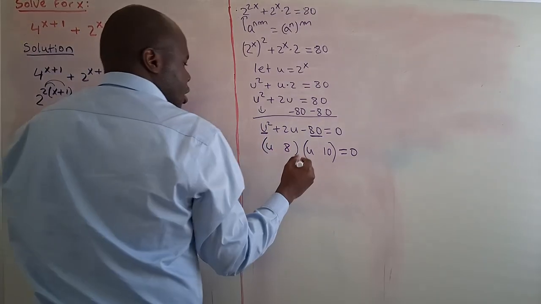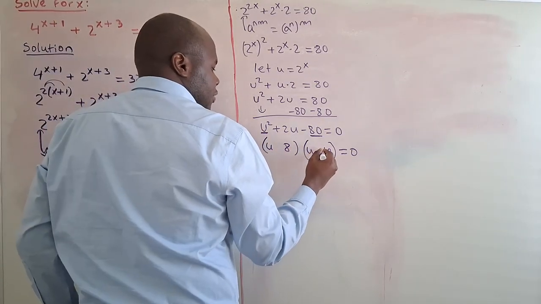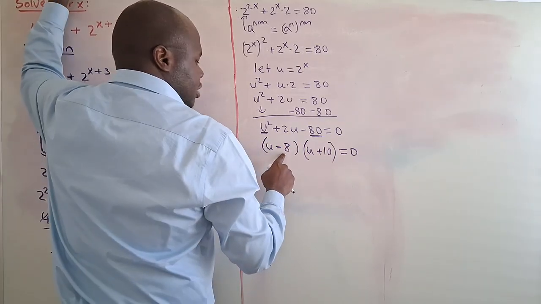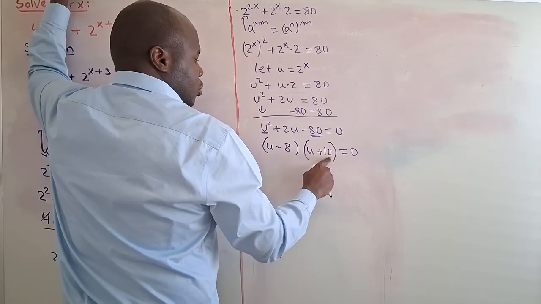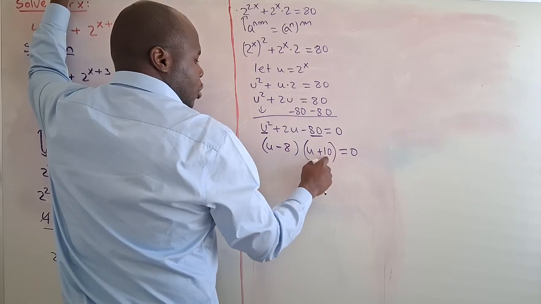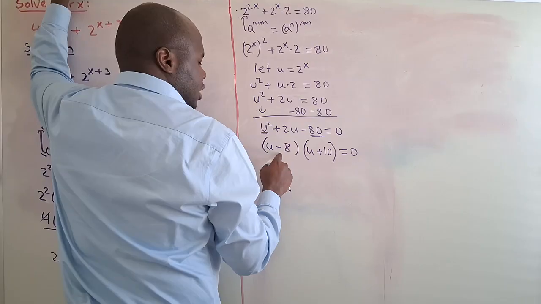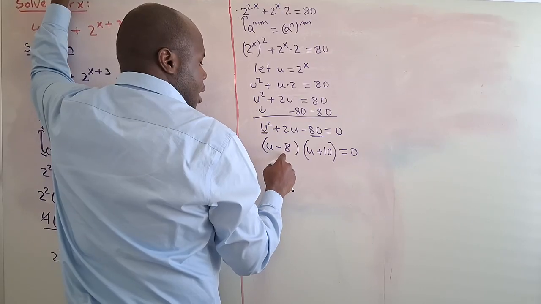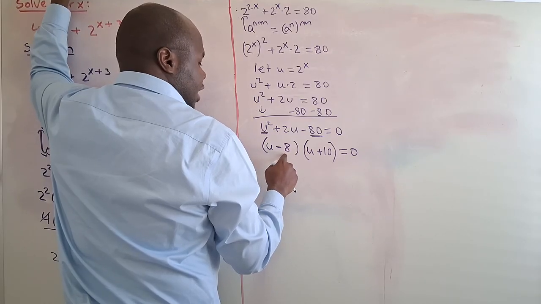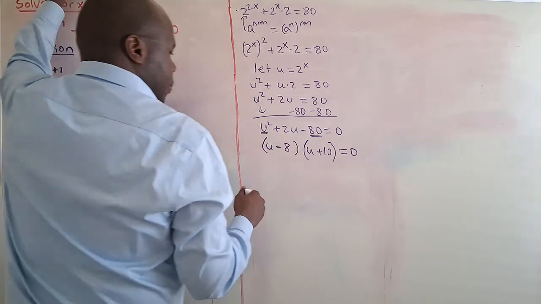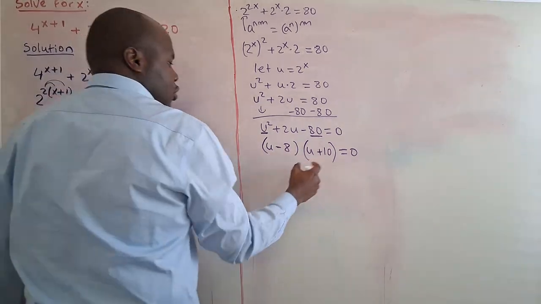So it's going to be positive 10 and negative 8, because when we multiply negative 8 to 10, we get negative 80. And when we add 10u to negative 8u, we get positive 2u. So we have these two factors right here.